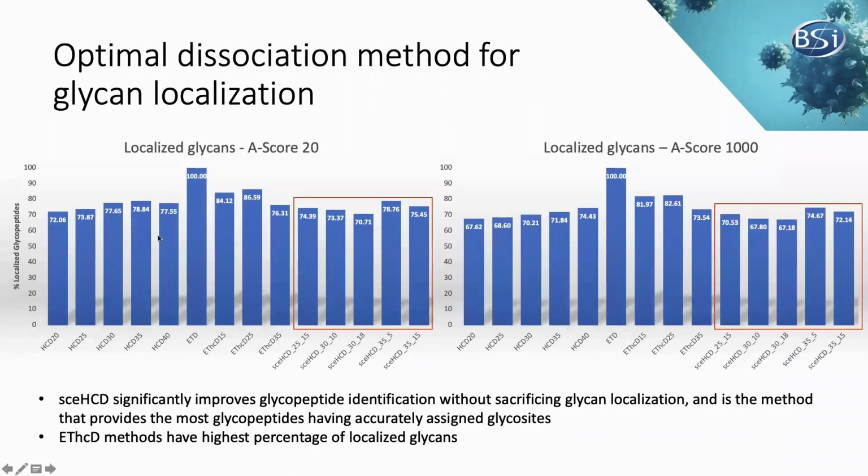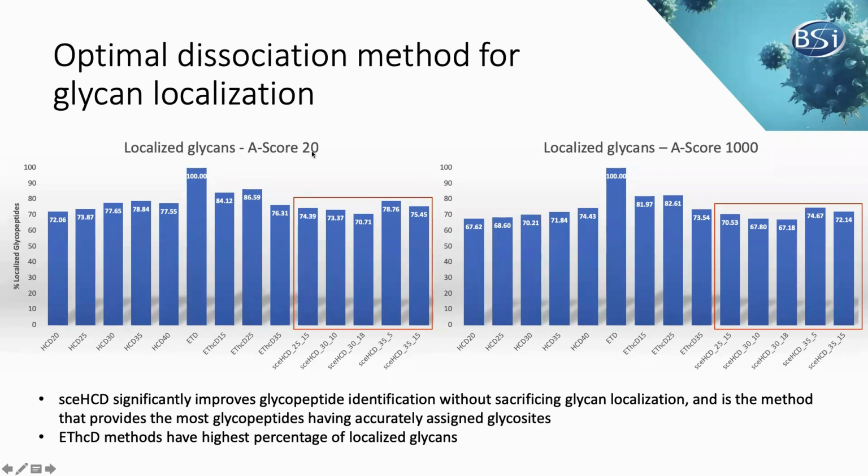This is showing the percentage of glycopeptides where the glycans had an A-score above 20. An A-score of 20 represents a probability value, and it takes into account the other possible modification sites within a peptide.